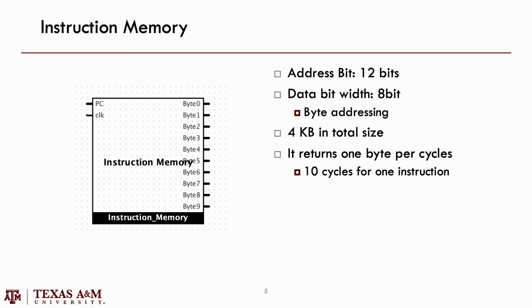In total, this instruction memory has 4K bytes, and since it has an 8-bit data width, we can get 1 byte per cycle. So for one instruction, we need 10 cycles to fetch the entire instruction.